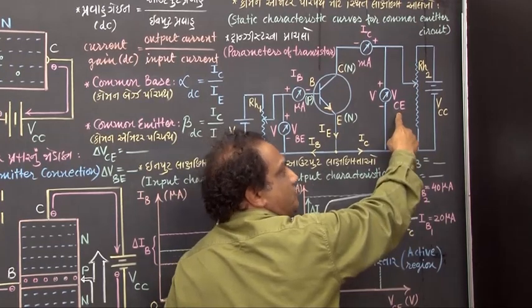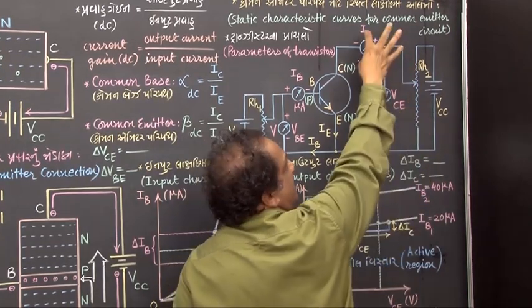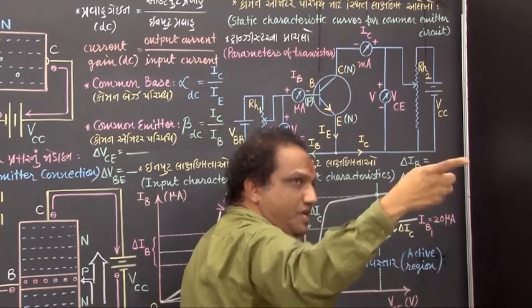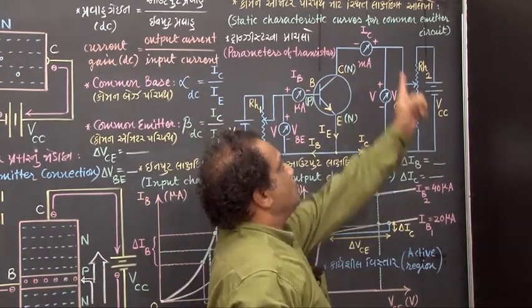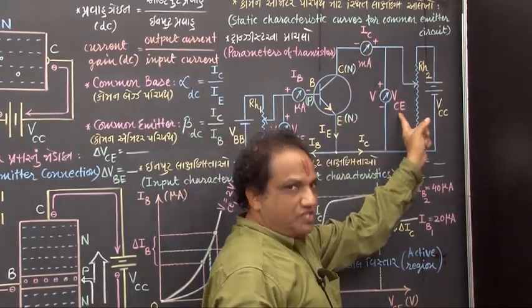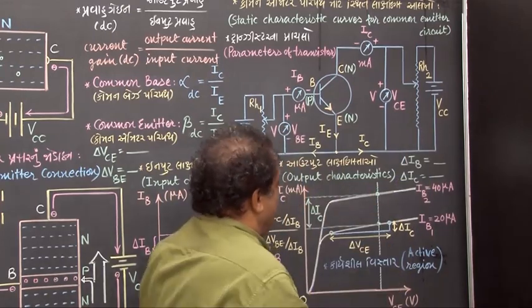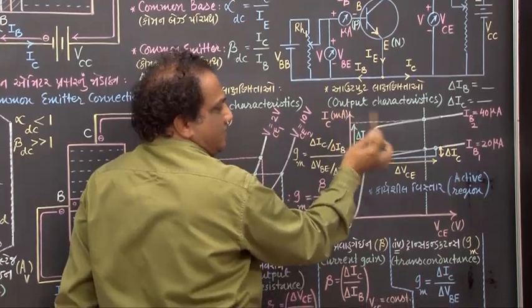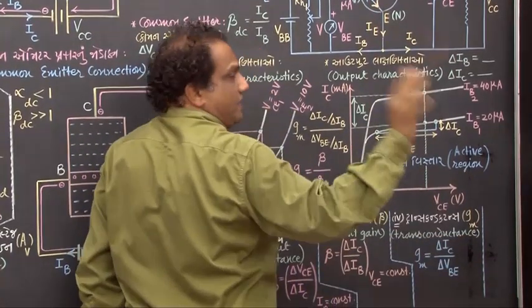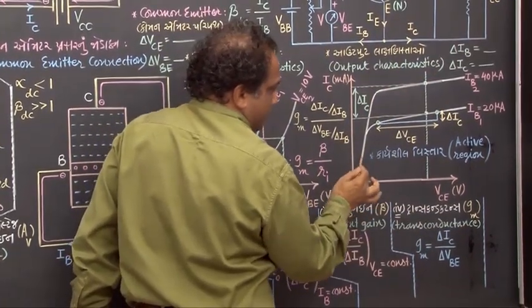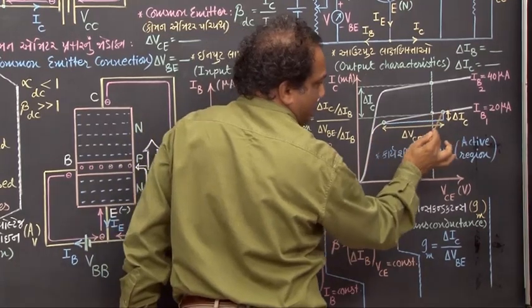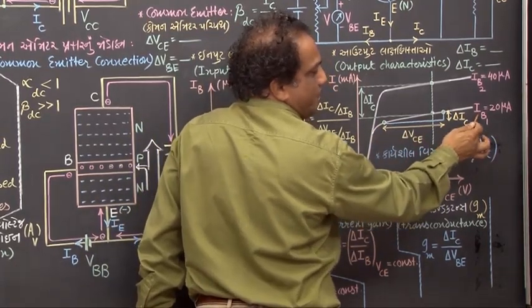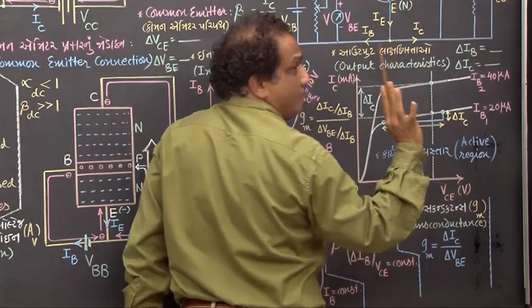This output voltage will change, and depending upon that, IC, the output current, will also change. Record the values of IC for corresponding values of VCE, and then plot a graph of IC versus VCE. This is taken in milliampere, this is taken in volt. That graph is found to be like this. This is the graph for the first constant value of base current equal to 20 microampere.